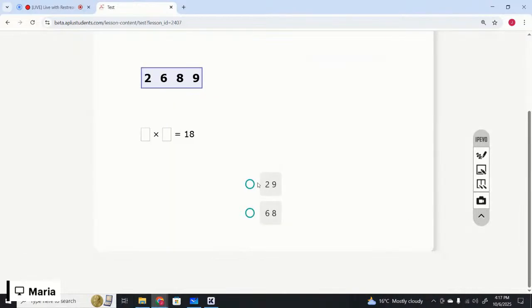Okay, which two numbers have the product 18, which is the correct option?